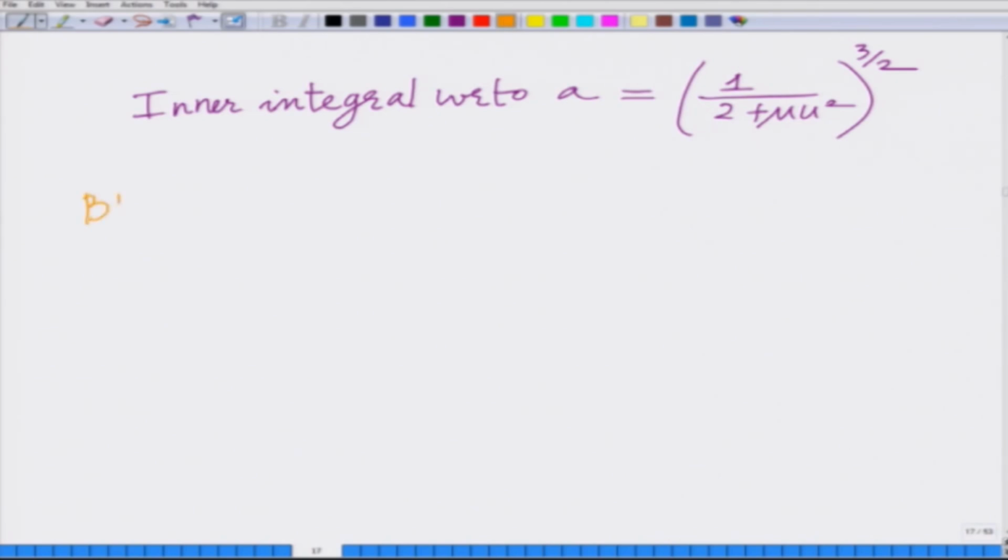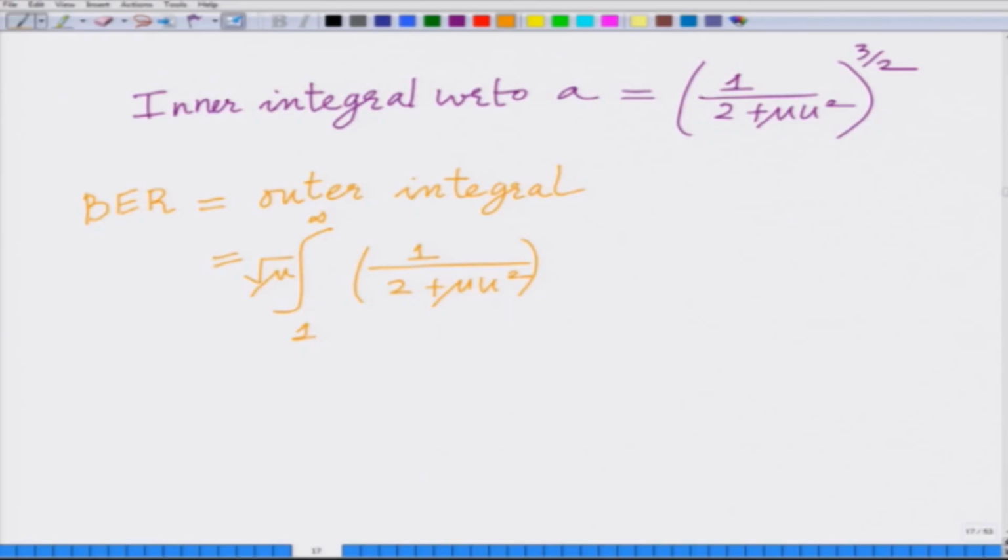So now I have the bit error rate given by the outer integral, integral from 1 to infinity of square root of mu times 1 over 2 plus mu u square raised to the power of 3 by 2 du.